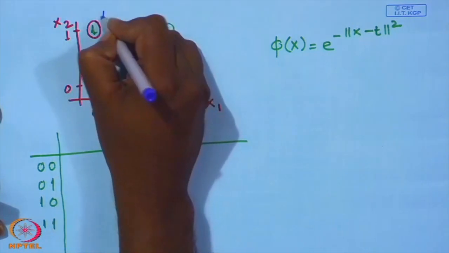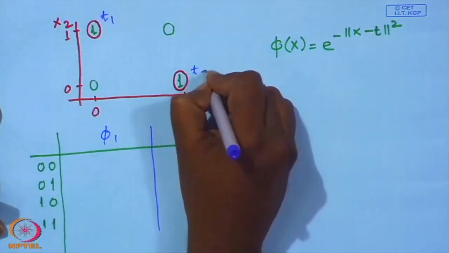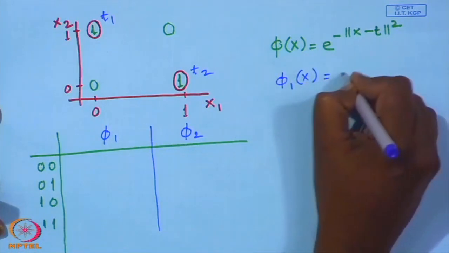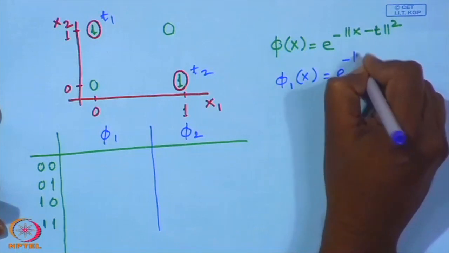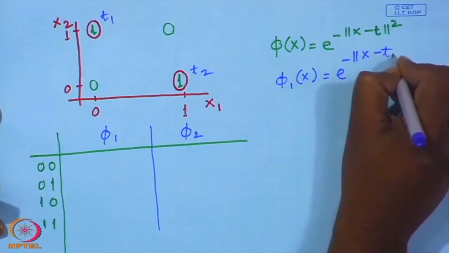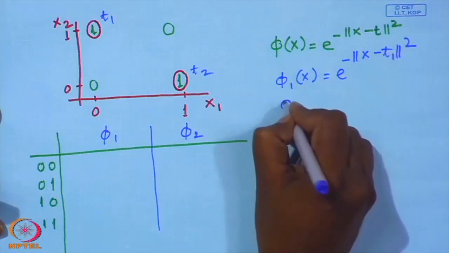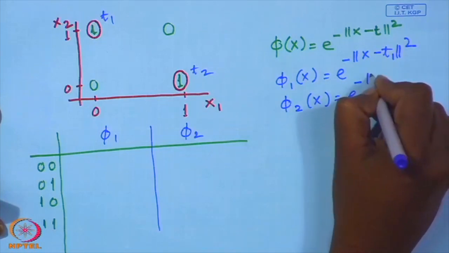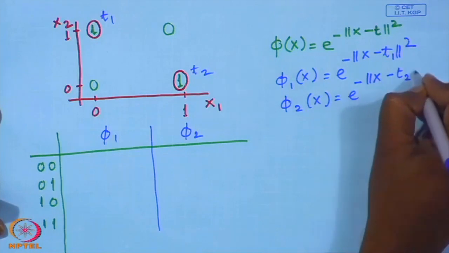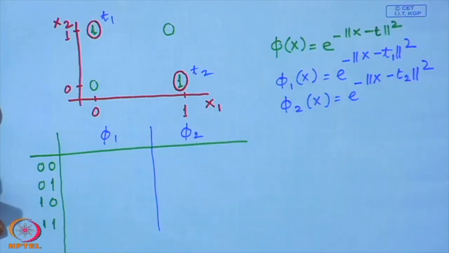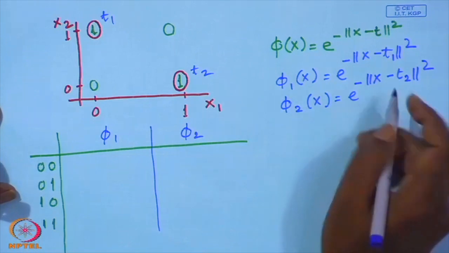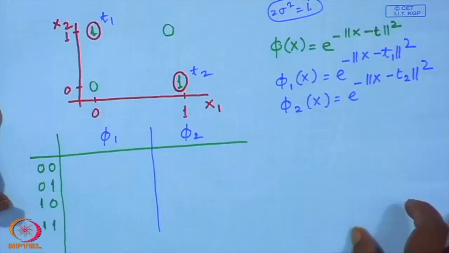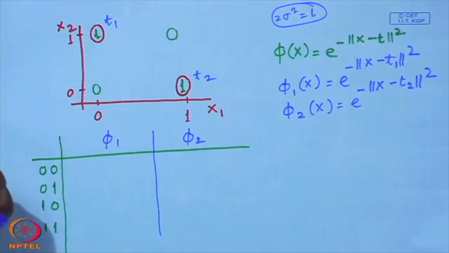So, if I say that this is my receptor T 1, and this is my receptor T 2, then phi 1 x will be simply e to the power minus x minus T 1 square, and phi 2 x will be e to the power minus x minus T 2 square. So, here you find that I assume that 2 sigma square is equal to 1. However, that does not matter for this nonlinear transformation.